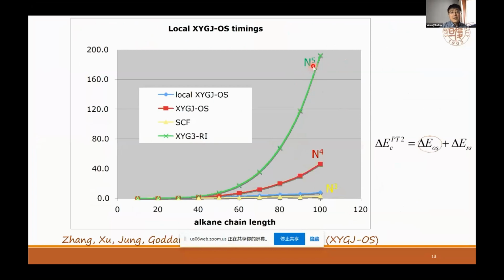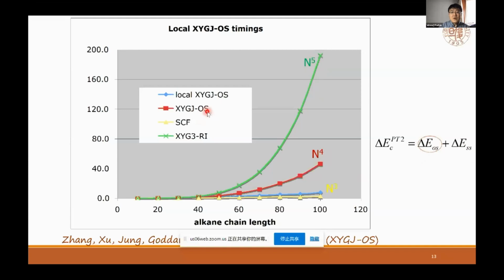However, it is only a pair of electrons of opposite spin that can make a chemical bond. So we may only explicitly treat the opposite-spin electrons and leave all the same-spin electrons to be described by DFT. In this way, the scaling is reduced from N to the 5th power to N to the 4th power, and we arrive at the functional called XYGJ-OS.